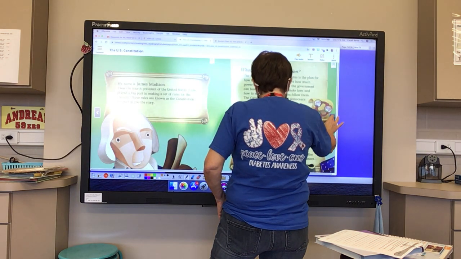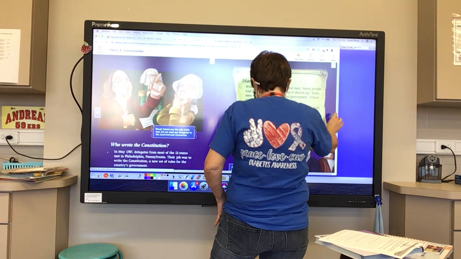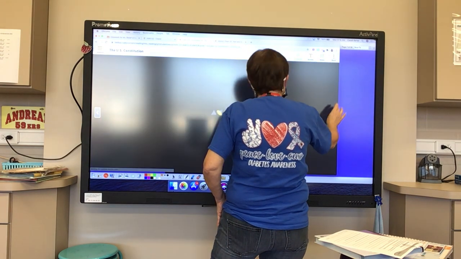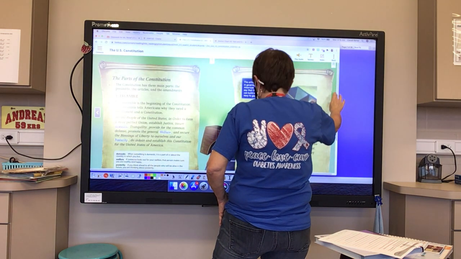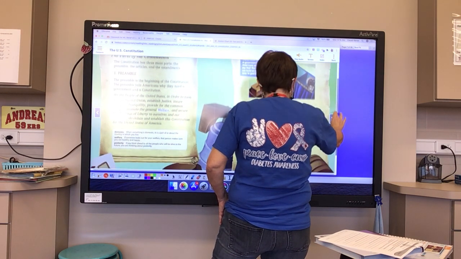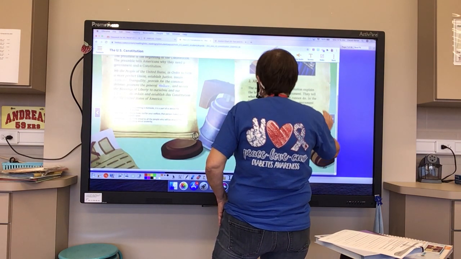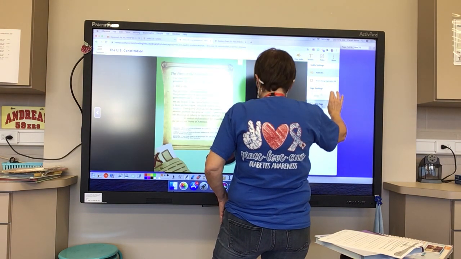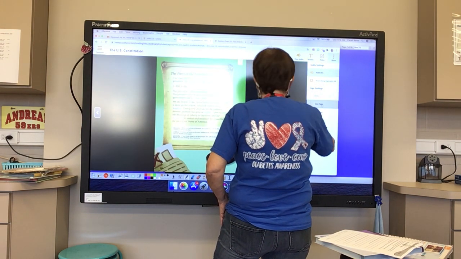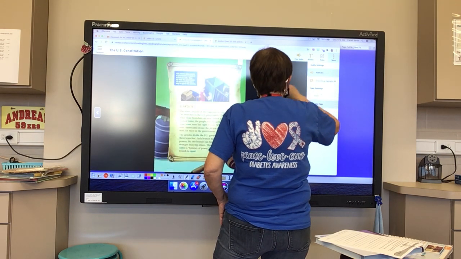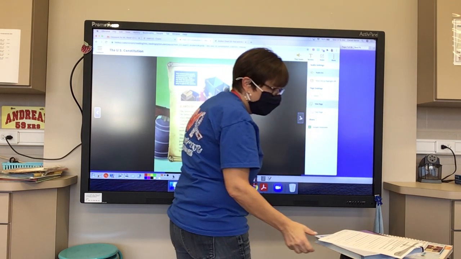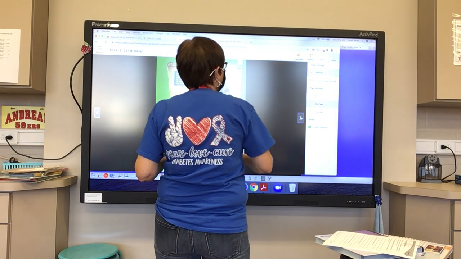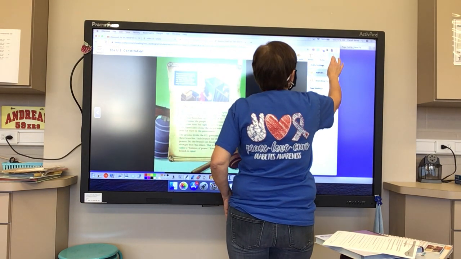Let's go to those pages. Are they together, boys and girls? No. Okay, so here's page 237. What we're going to do is read 237, and then we'll read 238. Okay, first we'll look at 237. How's that? Because that's what we need first.